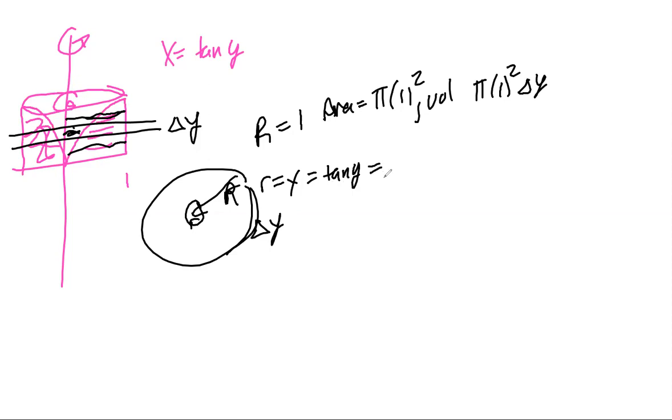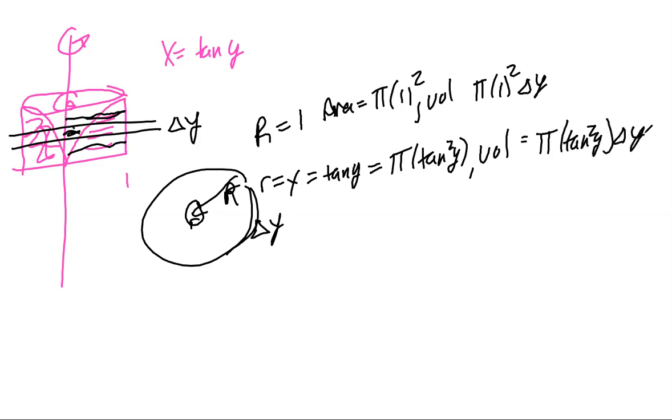Here, if this is our radius, our area is pi times tangent squared y, and our volume is going to be pi times tangent squared y delta y. So basically, if we found the volume of the cylinder and removed the volume of the cone that's in there, that would give us that volume here.